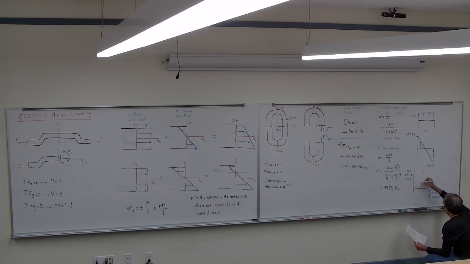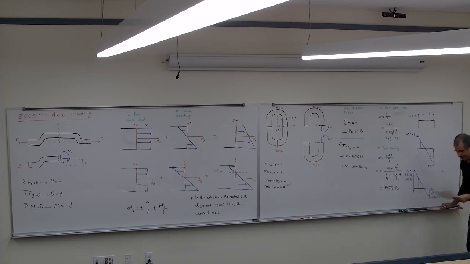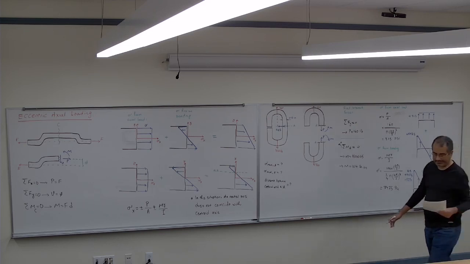And then I can go ahead and connect these two together, like that. So the maximum is going to be 9290, the minimum is going to be negative 7660.